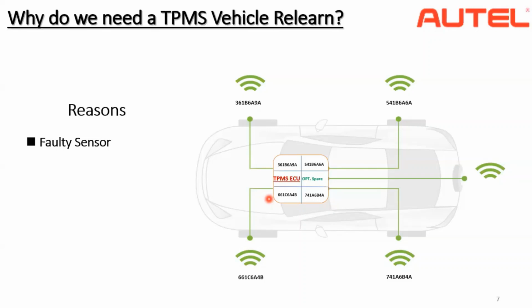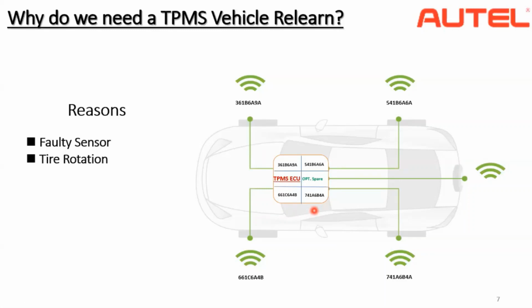Once you replace a faulty sensor, you might be changing the location, or you might be giving it a new code or program. So you will have to let the ECU know that you are putting a new sensor into that particular location. That's one scenario where you need to perform a relearn procedure. And the other one is tire rotation, as I've told you before. Once you change the position of all these sensors, it's all mismatched, and your TPMS ECU doesn't know about it.